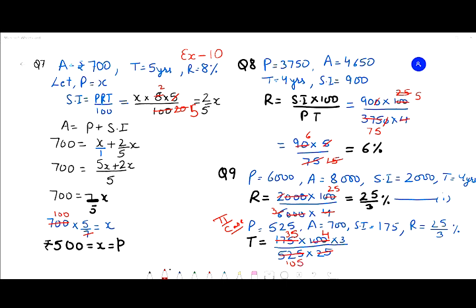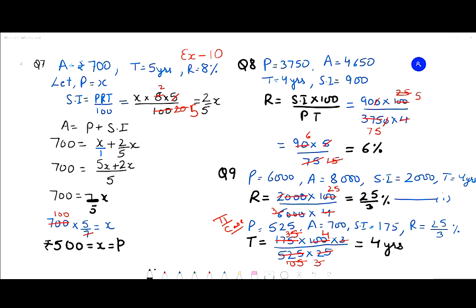Further you cut it, you will get 35, 3 ja 105, and this 3 can be cut with this 3. The leftover is 4. So my time will be 4 years.